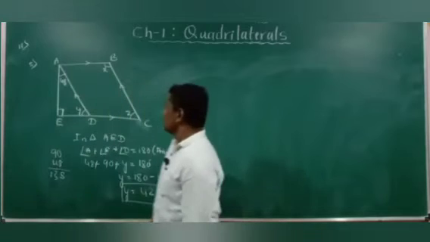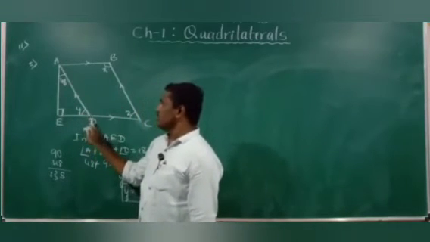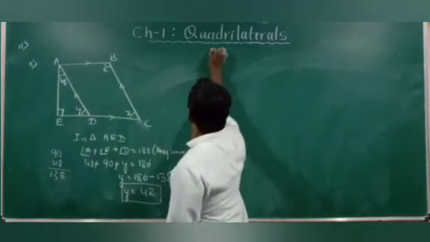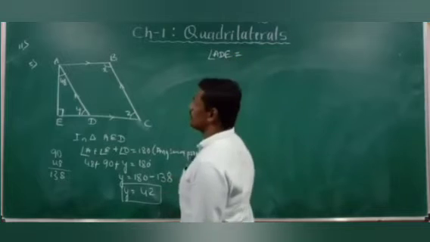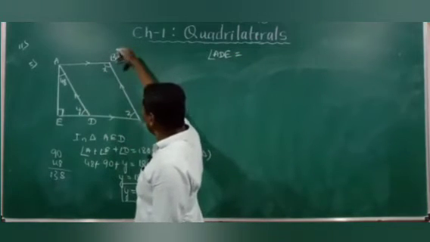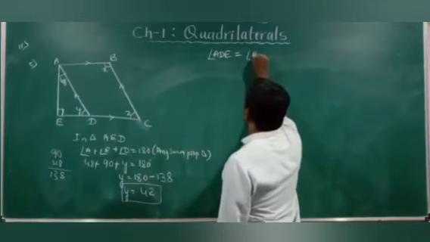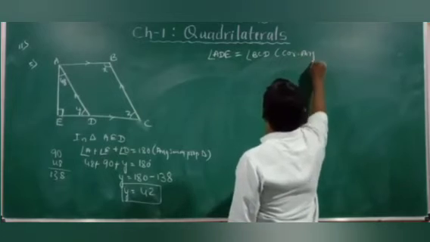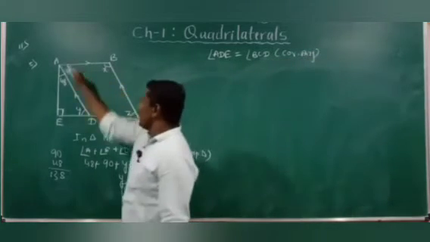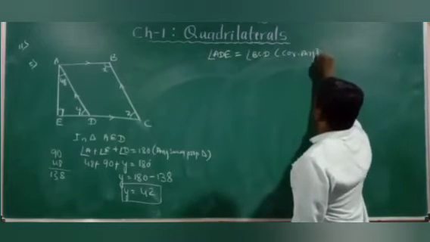So the Y value is 42. Right? Here angle ADE is equal to angle BCD, because these two are corresponding angles, because AD is parallel to BC.